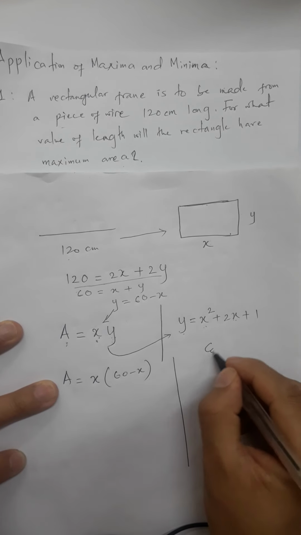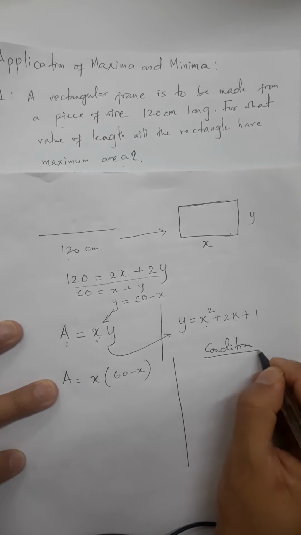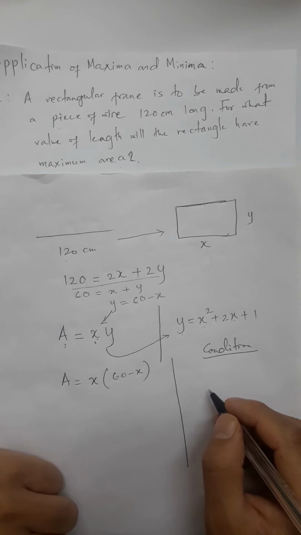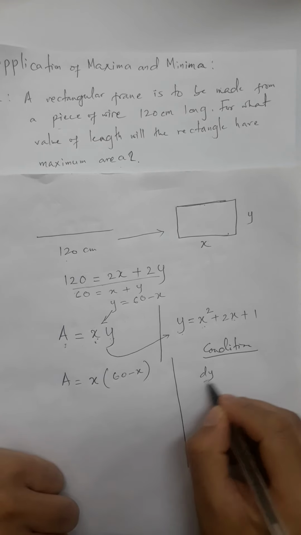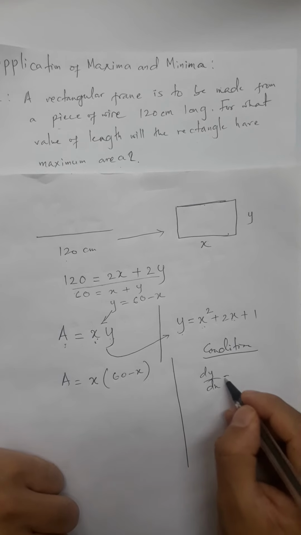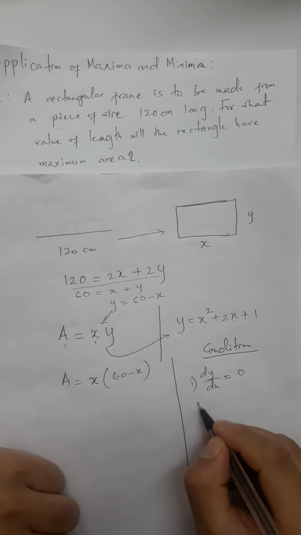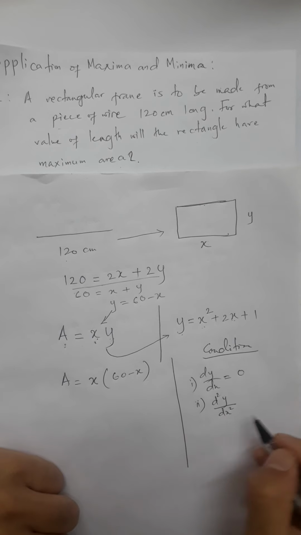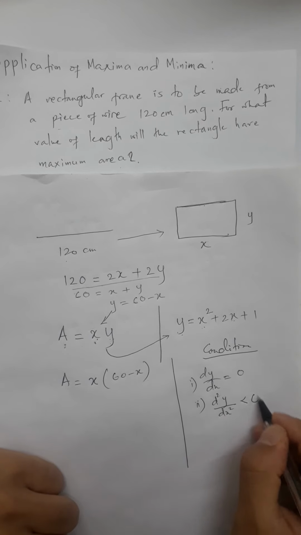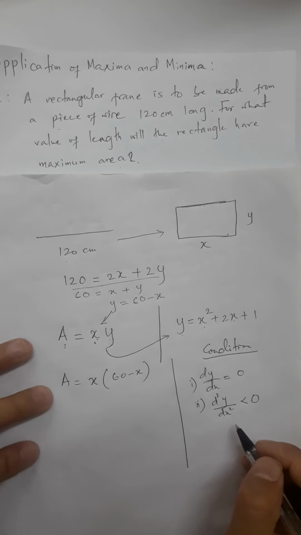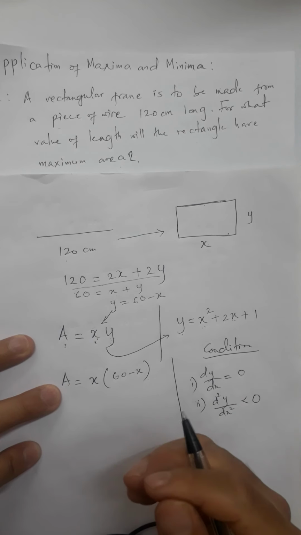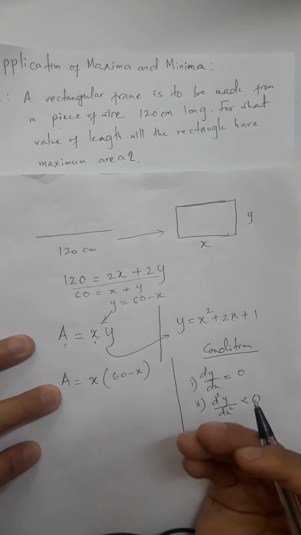In one of my video tutorials I have asked you to go through the condition of maxima. The condition of maxima is dA by dx equal to 0. This is the first condition, and the second condition is that the second order derivative is going to be less than 0 for maxima. So we'll apply the maxima condition to this area so that we can have the maximum area.